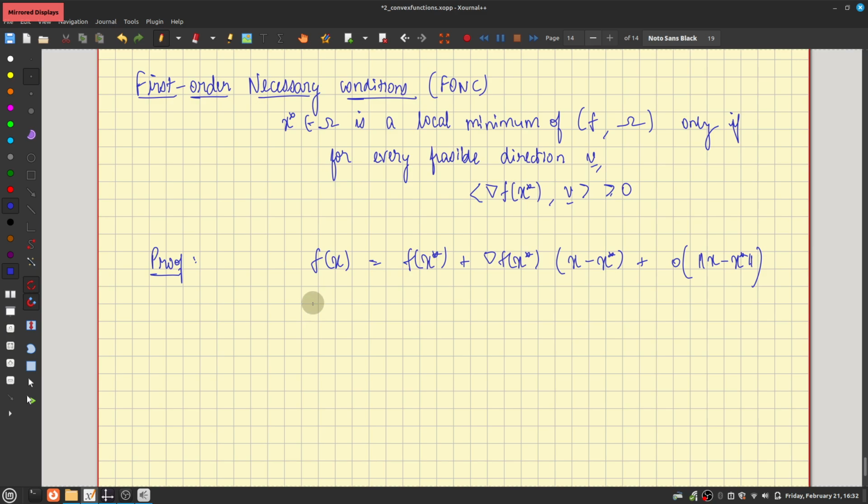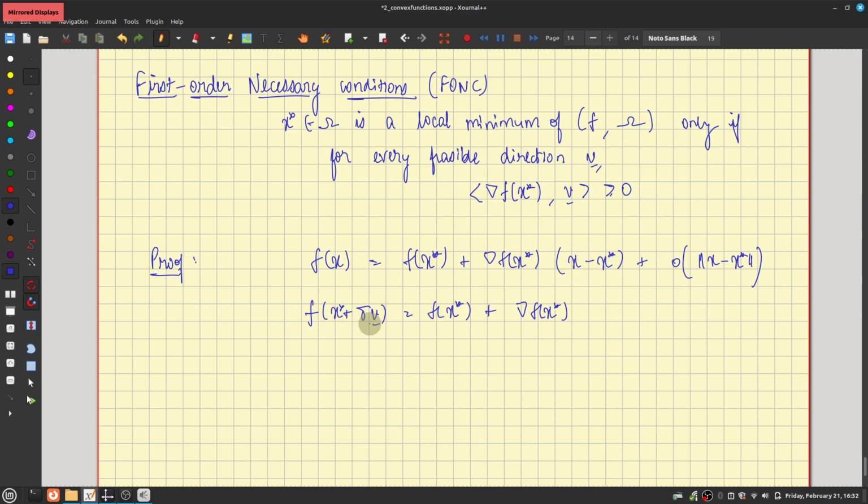So let's do that. f of x star plus delta times v is f of x star plus gradient f of x star times, what is x minus x star?